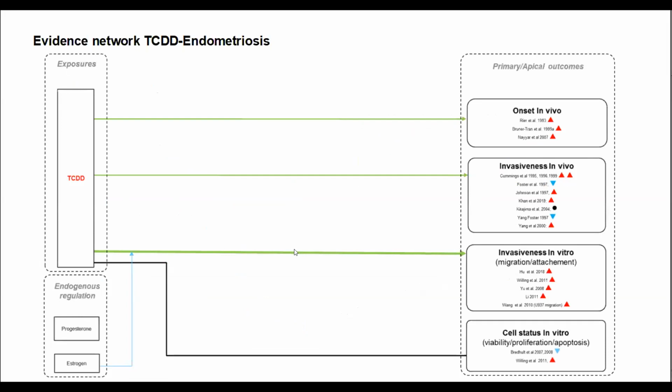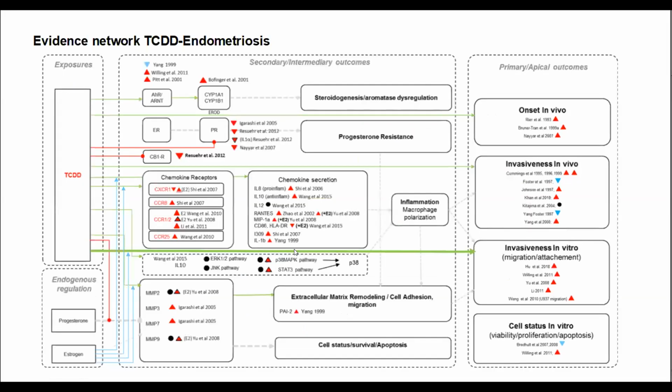We do the same for the intermediary outcomes, and we can identify here some AOP-like framework, but it's not that complex. It gives us some examples of connecting arrows between some intermediary events, like inflammation, which was the most important body of evidence supporting the relationship with inflammation and invasiveness in vitro and in vivo.